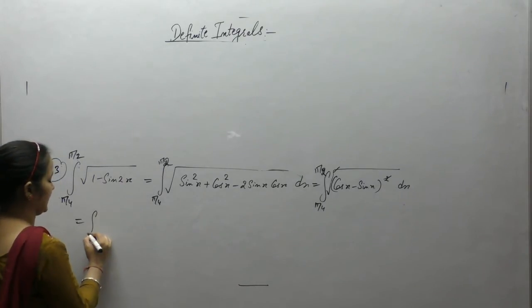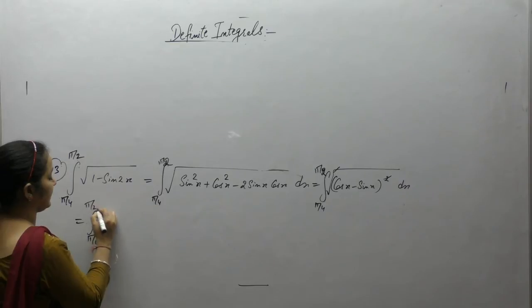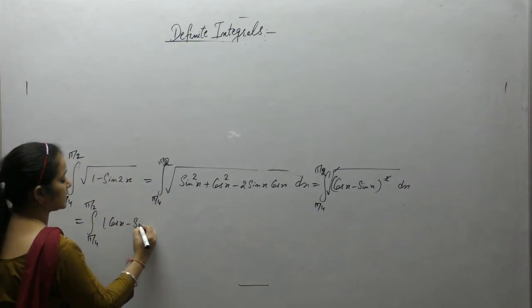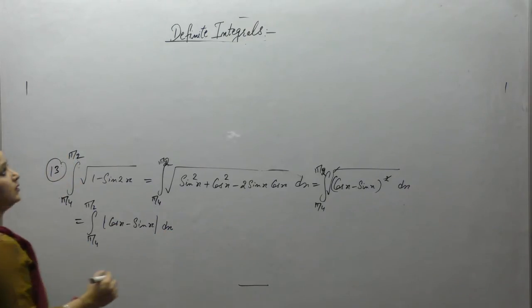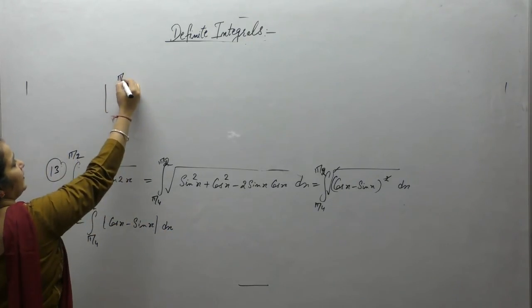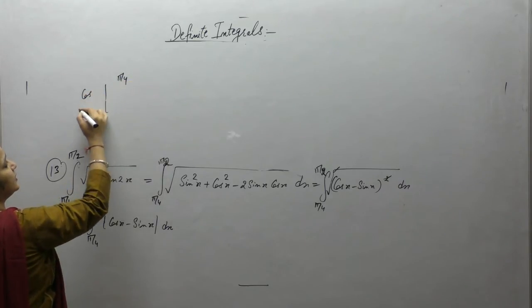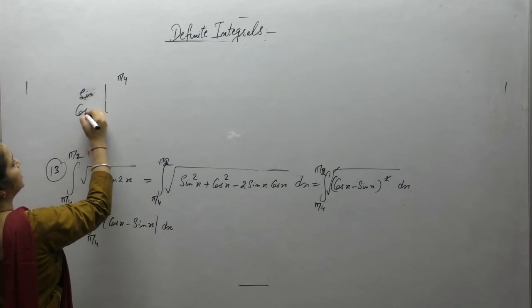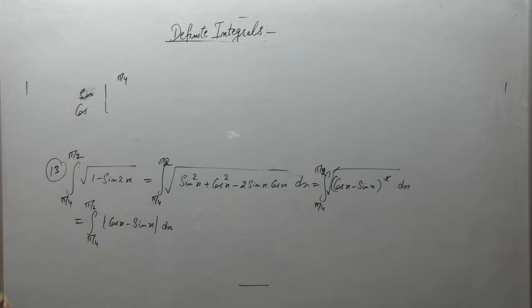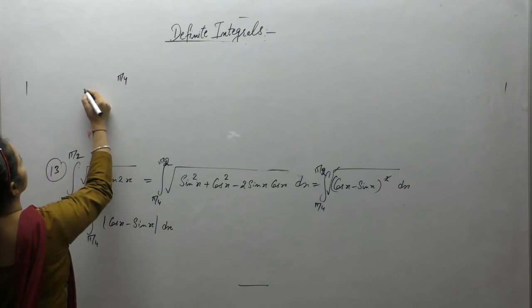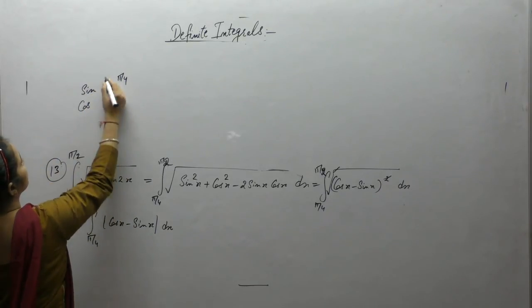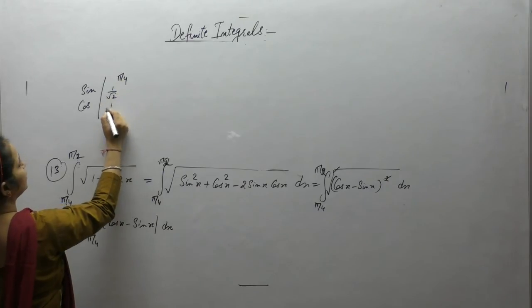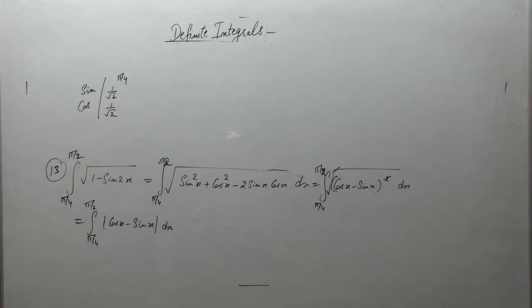First we write this step as the integral from π/4 to π/2 of modulus of cos x − sin x. Now sin π/4 is 1/√2, and cos π/4 is also 1/√2.